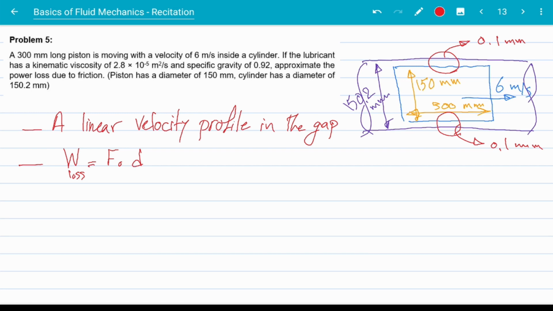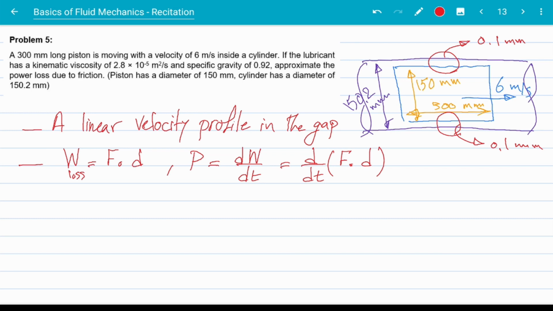However, here we are interested in the power loss. Now power, by definition, is dW/dt, where t here represents time. Now let's play with this a little. I will have d/dt of F, the friction force, times d.